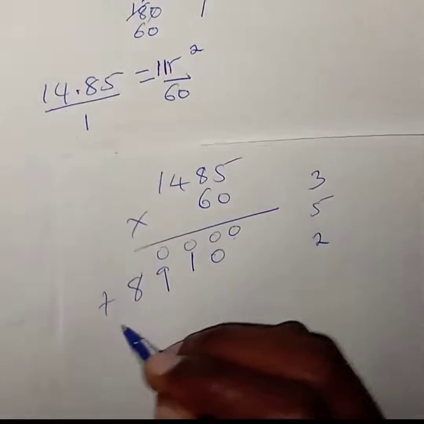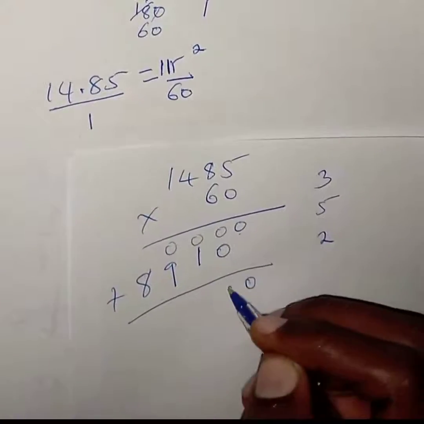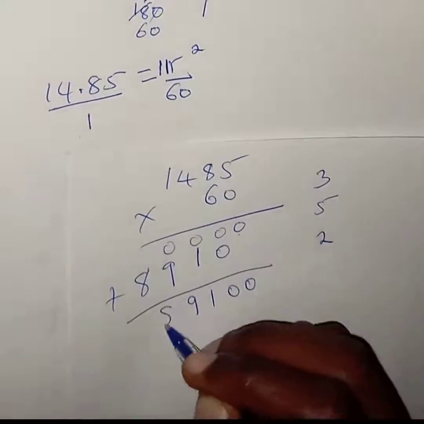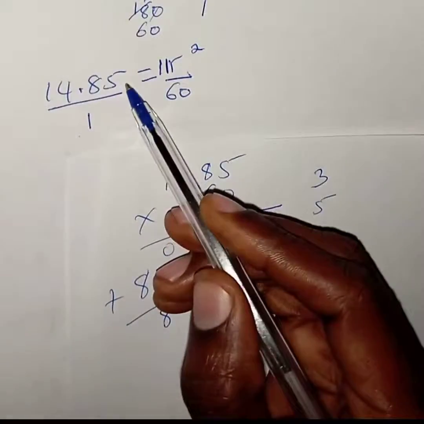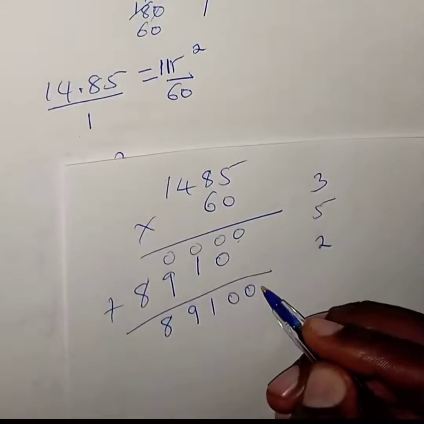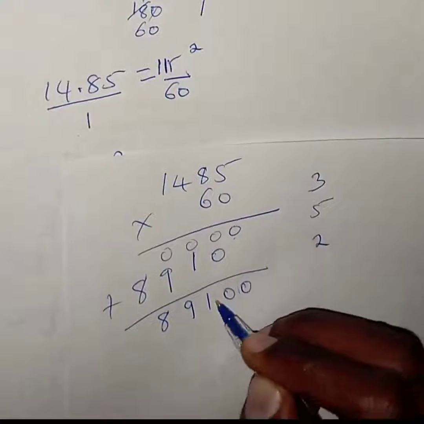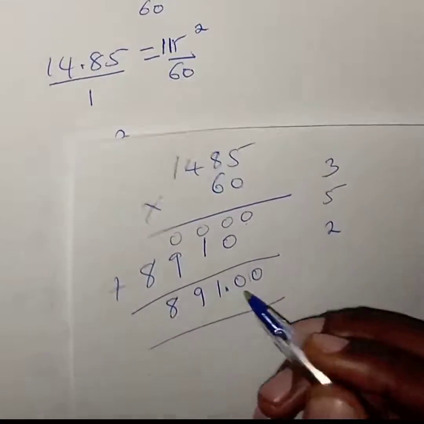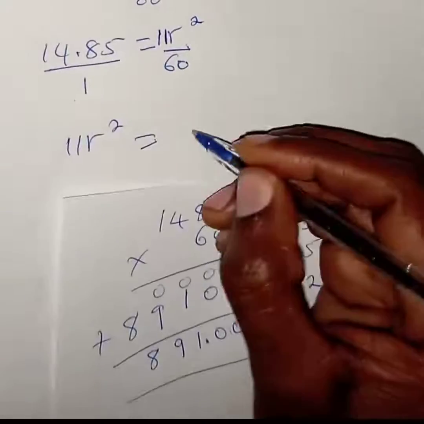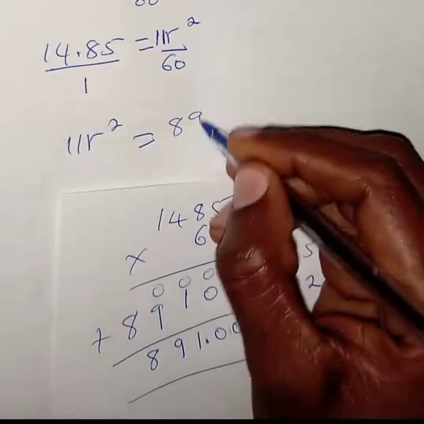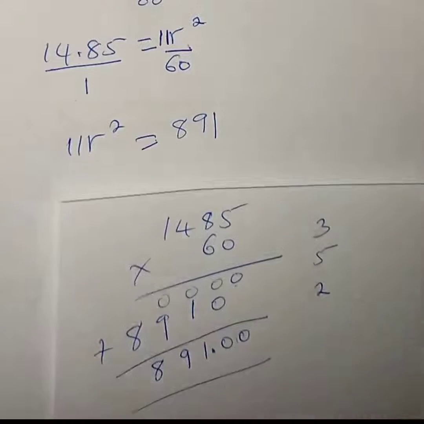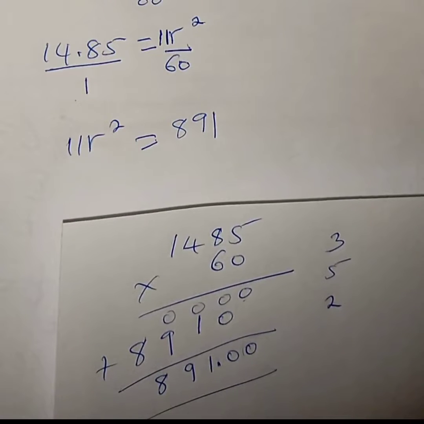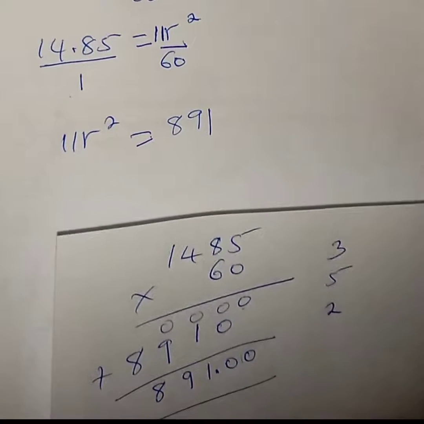So if you add, you have 0, 0, 1, 9, 8. You bring back the 2 decimal places. There were 2 even here, 1 2. So the answer is supposed to be 891.00, so you have 891.